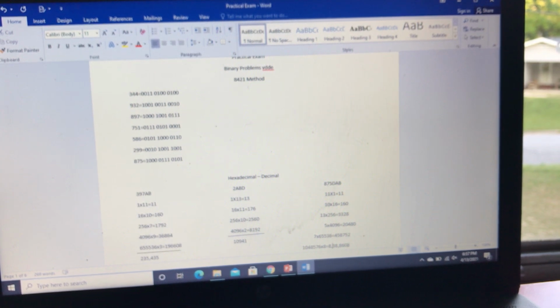To our last problem, you have 875DAB. Like I said, you always multiply the first letter or number times 1. So it would be 11 times 1 because 11 equals B. Then you would do 16 times 10 and get 160 because 10 equals A. Then you would do 13 times 256 and you get 3,328. Then you go on to do 5 times 4096, which will give you 20,480.